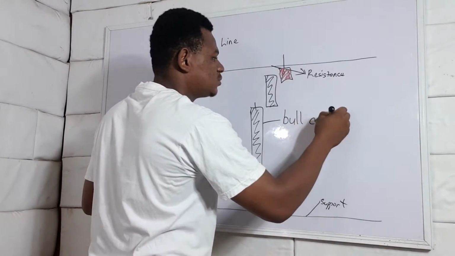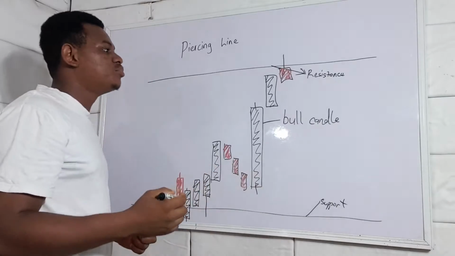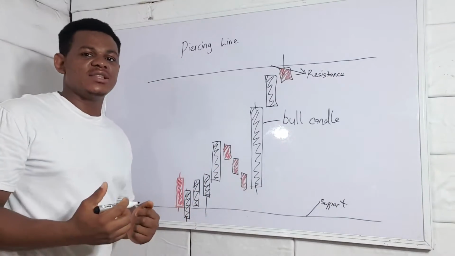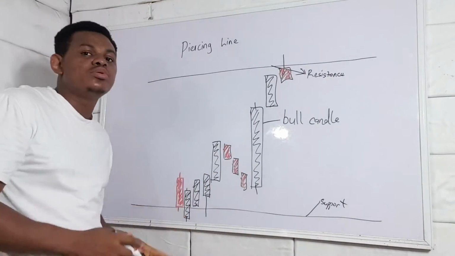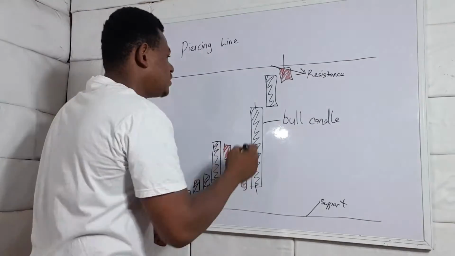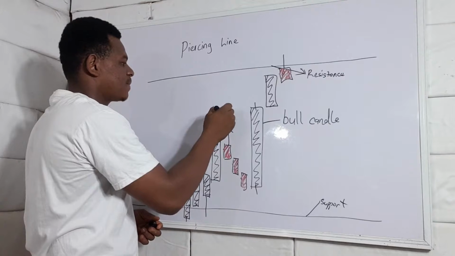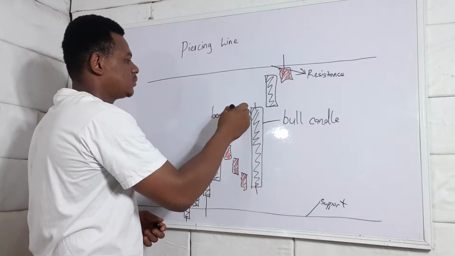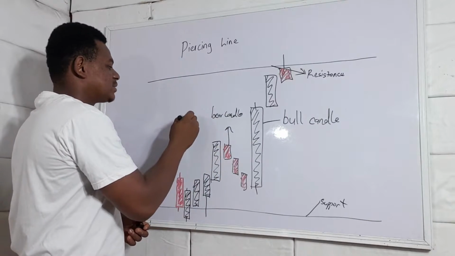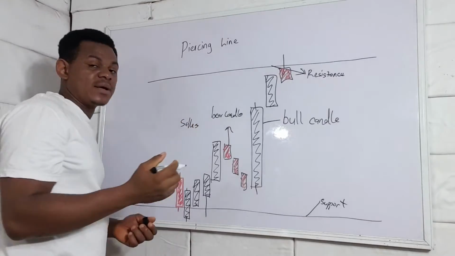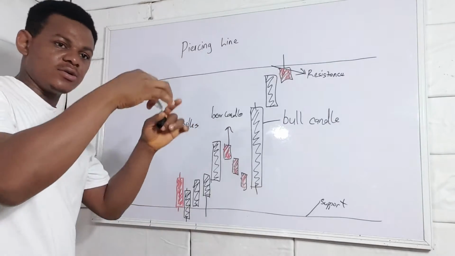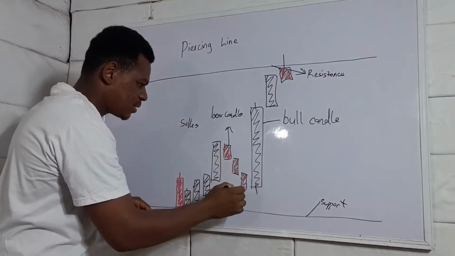Remember, we said that bull candles are the buyers in the market, the people that buy to push up the market, while bear candles are the sellers in the market, the people that sell to push down the market.